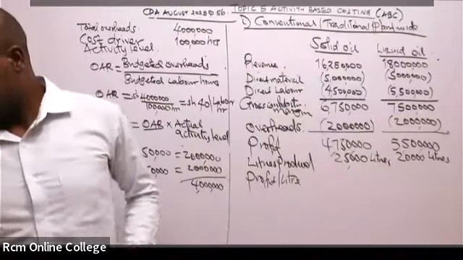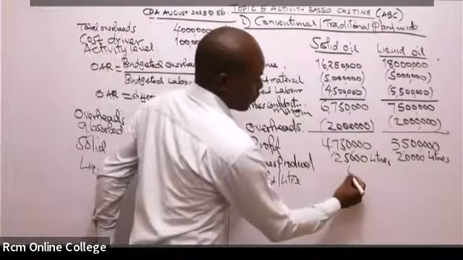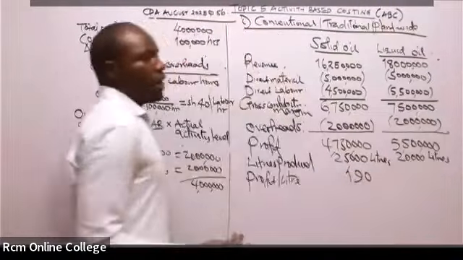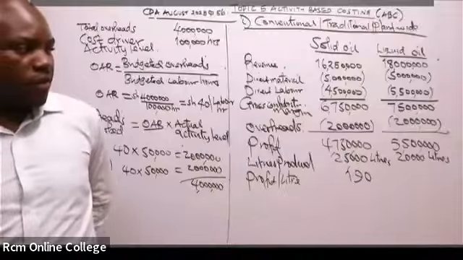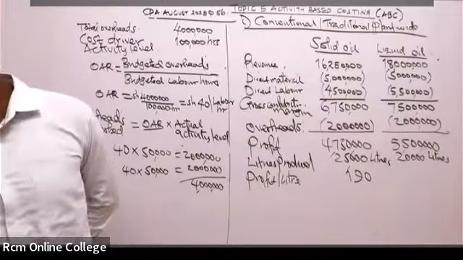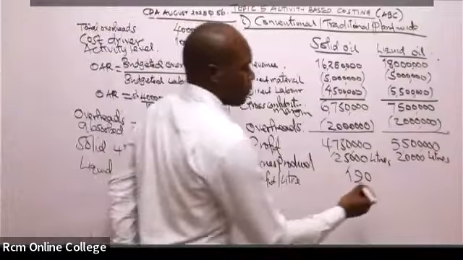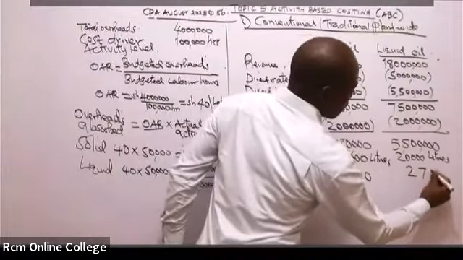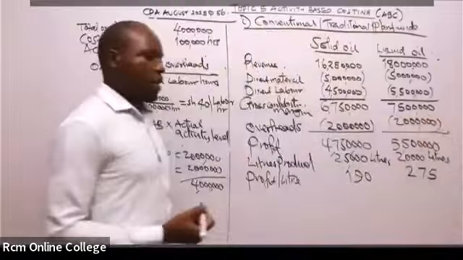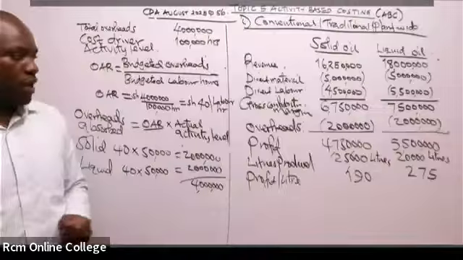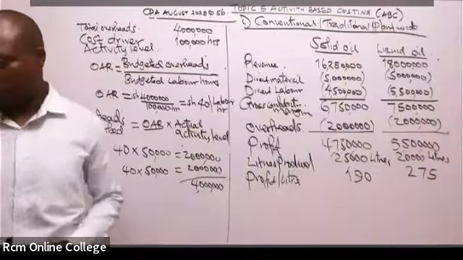What do we get? 190. So it is 190 per liter. That is the profit. Then liquid oil, 5,500,000 divided by 20,000, that is 275. Are we together up to that point?